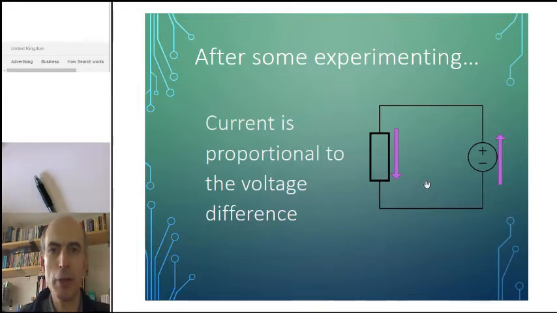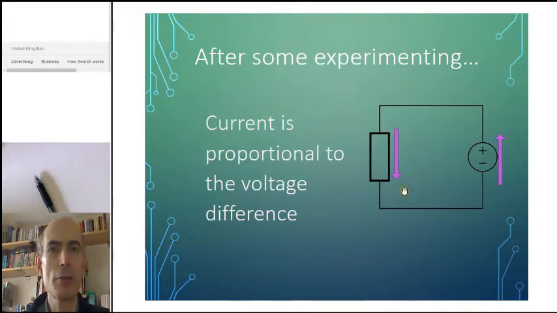And this is based on the experiments of George Ohm, who famously came up with Ohm's law, which said pretty much exactly this. In a conductor, the current is proportional to the voltage difference across the conductor.